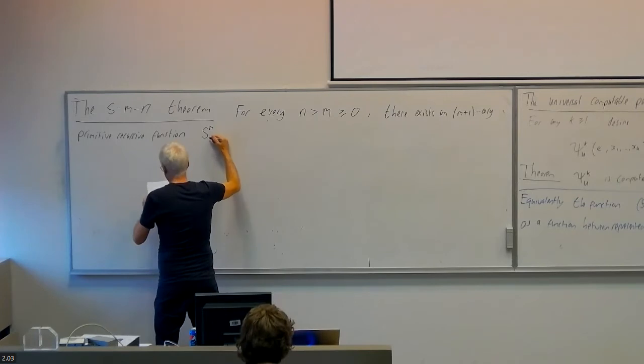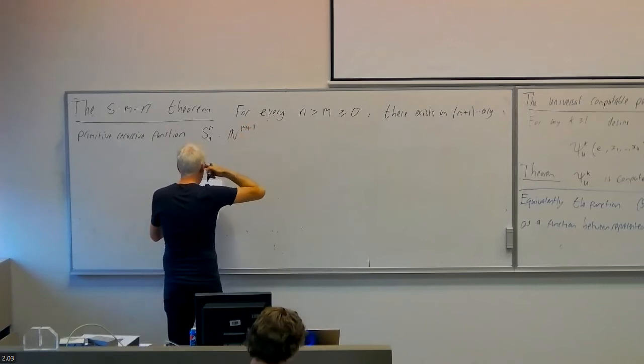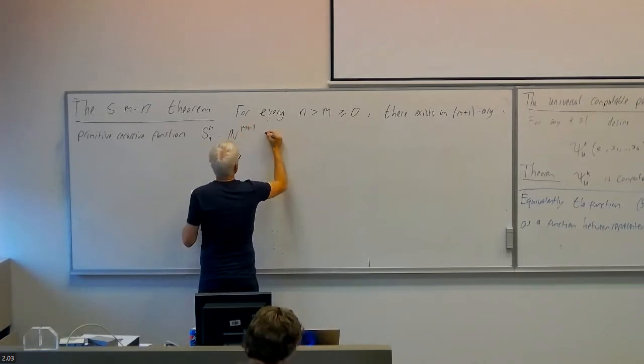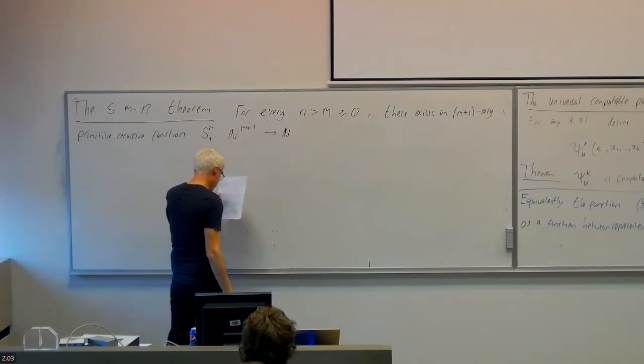S superscript n subscript n. So I've already said it's an n plus 1-ary function. And because it's primitive recursive, it's necessarily total, and it returns a natural number.